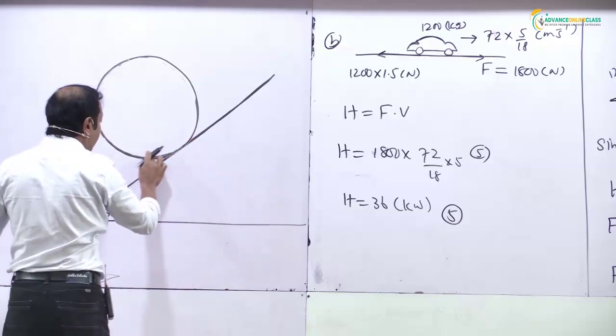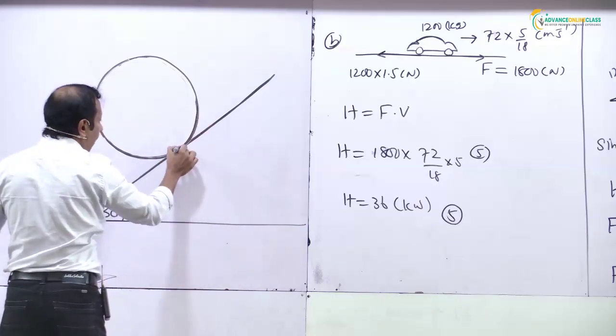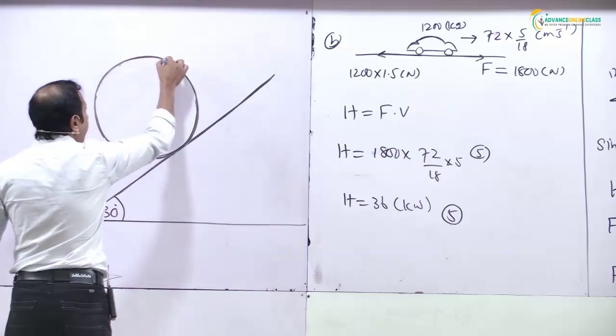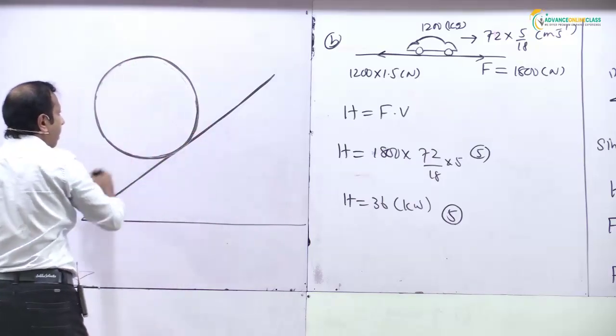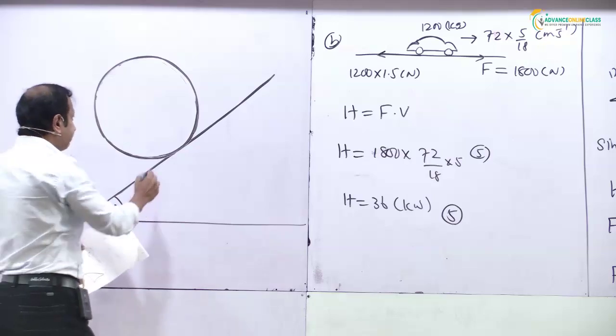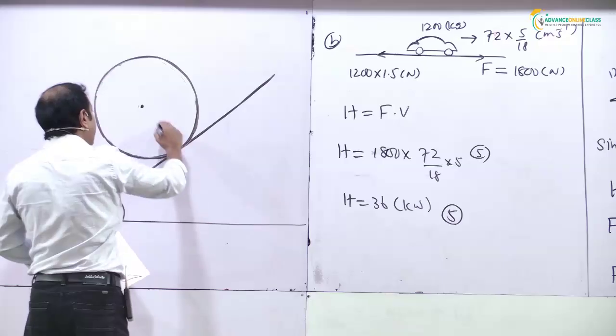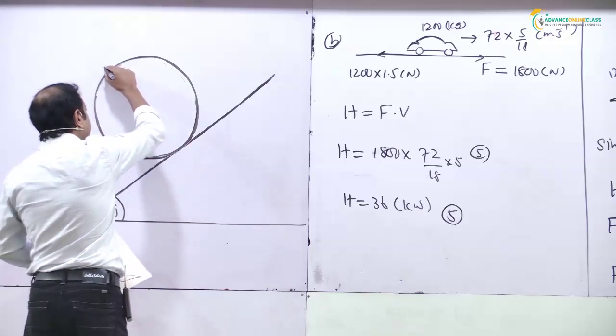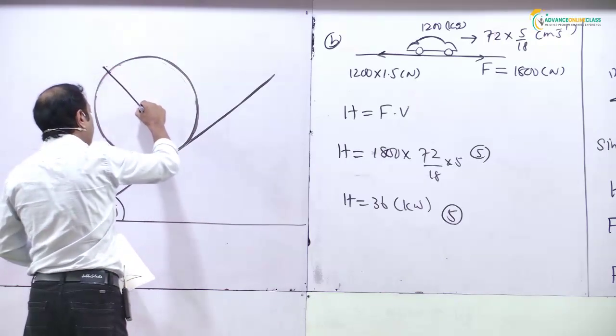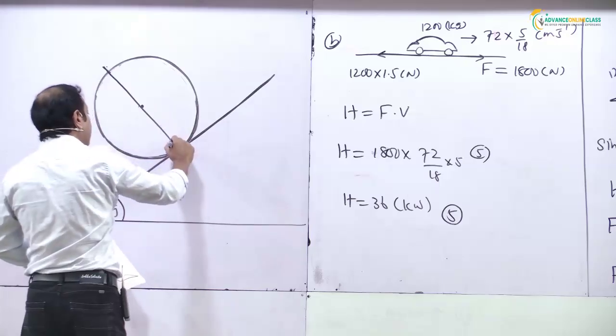This way we have the sphere, center here. The normal reaction passes into the center like this on the sphere. That normal reaction is perpendicular to the plane.